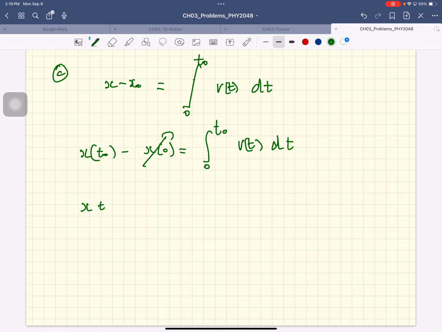So x as a function of time is the integral from 0 to t naught of a t minus 2/3 b t to the power 3/2.